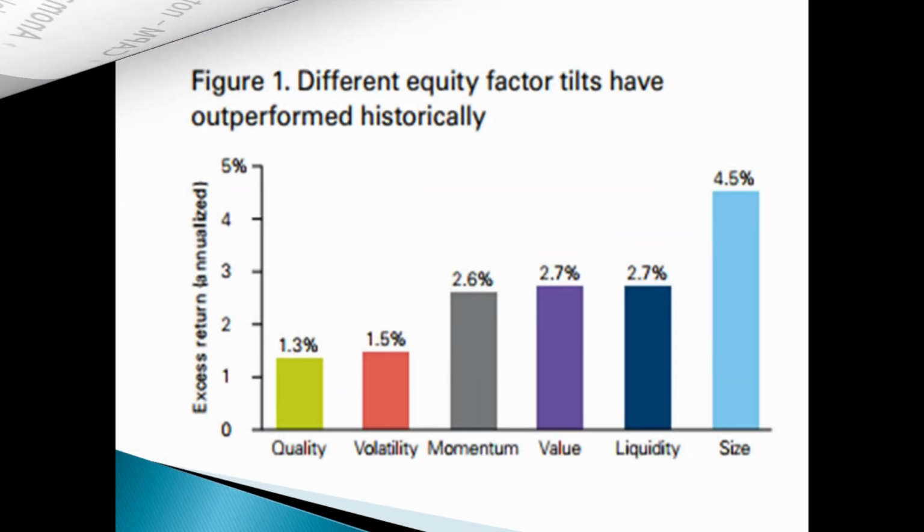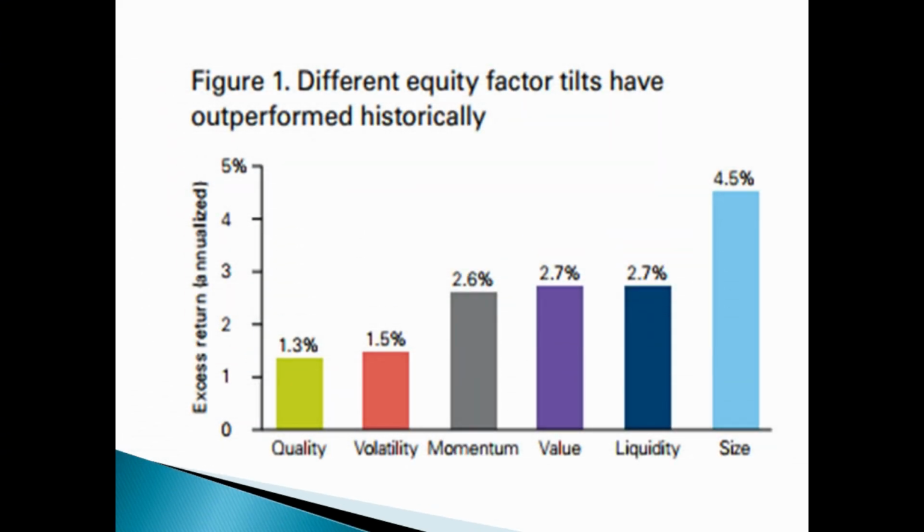Now, taking these factors into account, this next slide looks at the annualized excess return of each of these individual factors versus the general market. So you see the quality factor has outperformed on an annualized basis about 1.3% a year, just as an isolated factor compared to the general market.